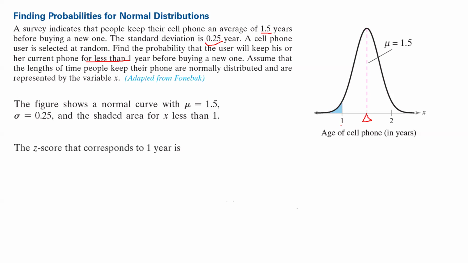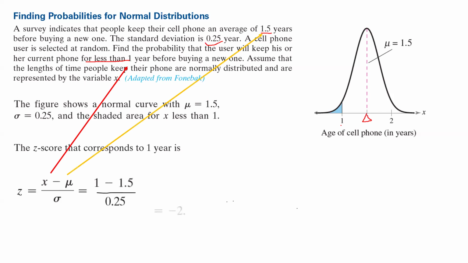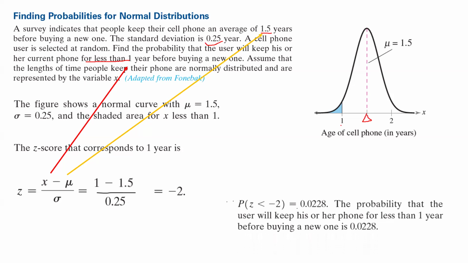You can convert everything into Z. The Z-score is going to be X minus mu divided by sigma. X is 1 year, mu is 1.5 years, and sigma is just 0.25. So if you do the division, you get Z equals -2. So the way that you can normalize this is convert X into Z, and the probability that Z is less than -2, which is the same as the probability that X is less than 1, is a small probability.